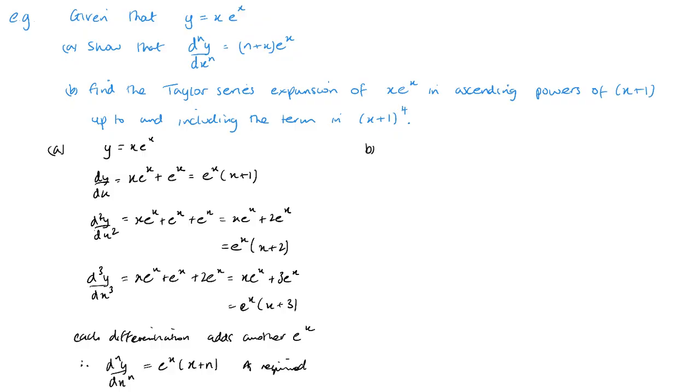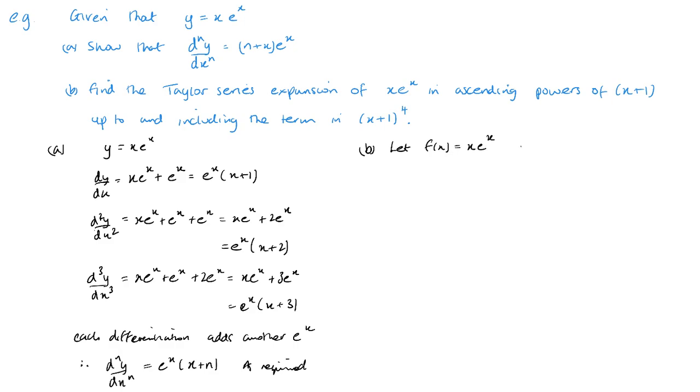Now let's move on to part B. Part B is find the Taylor series expansion of x e to the x in ascending powers of x plus 1 up to including the term x plus 1 to the power 4. So first let's let f of x equals x e to the x. I could have kept it in terms of y up here, but f of x is easier to deal with in my notation.